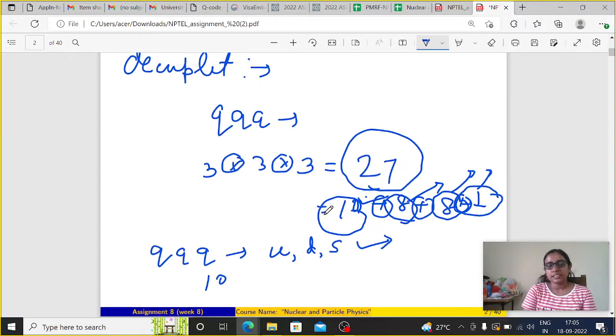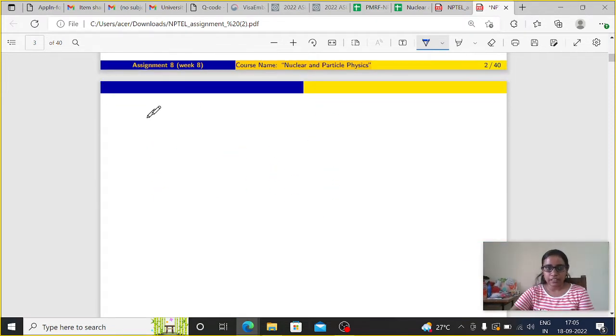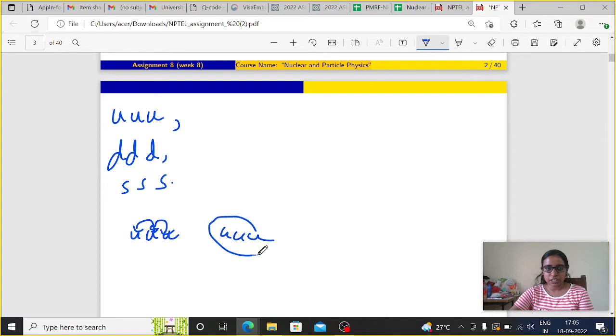In the previous class we had three quark flavors: one was u, another was d, and another was s. But uuu, ddd and sss, these three are fully symmetric, obviously, because if you interchange the place of any two of them, it will be the same.